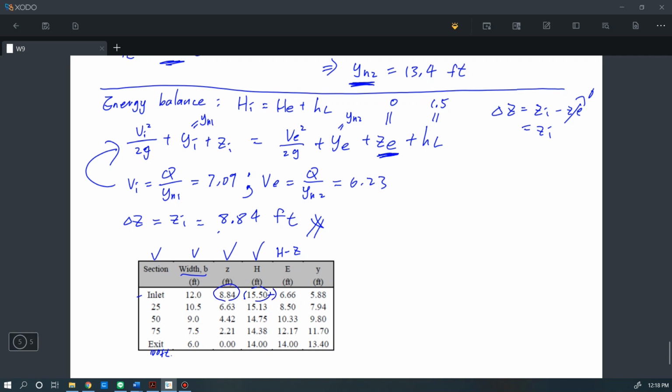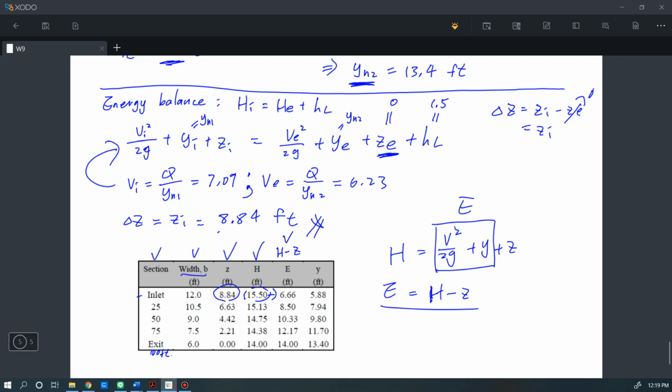Okay, then you can get the specific energy, because the specific energy is V squared divided by 2g plus Y plus C. So this is the specific energy, E. To calculate E, you just need the total energy minus the elevation term. Okay, so this is also known.